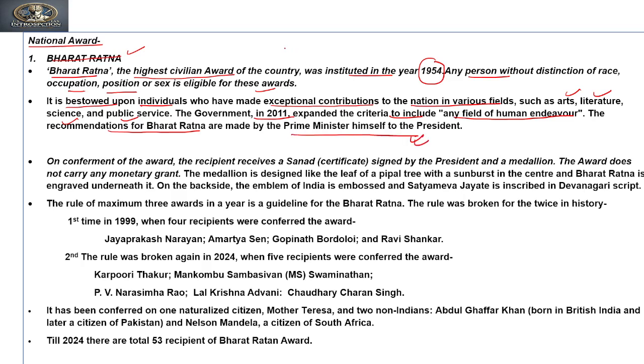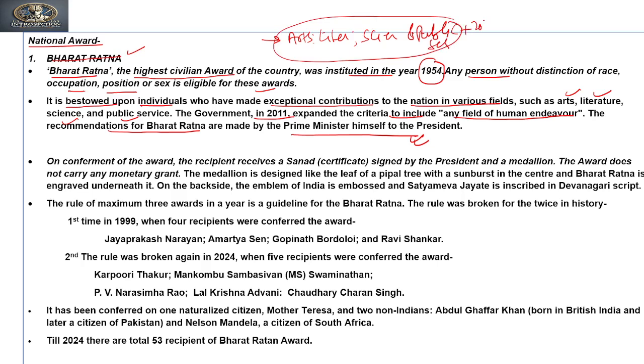So the grounds to award a Bharat Ratna are arts, literature, science, and public service. This was originally in 1954.